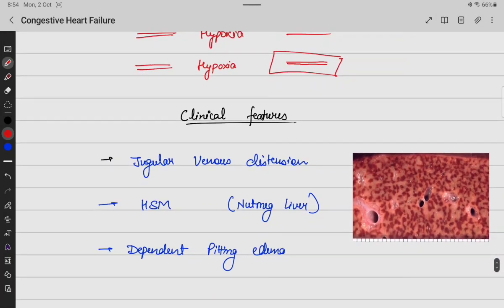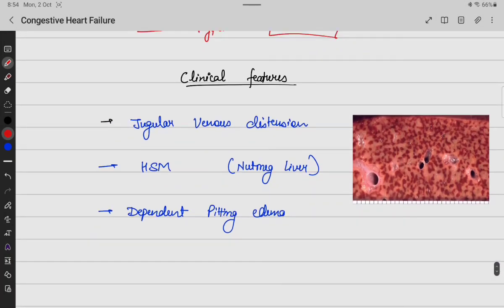Coming to clinical findings in right-sided heart failure, we have jugular venous distension. These are all because the right side of the heart is not able to pump adequately. It is leading to back pressure, and the veins which are pouring into the right atrium will get distended because of this back pressure. So jugular venous distension. Hepatosplenomegaly, because ultimately all these veins are draining into the right atrium.